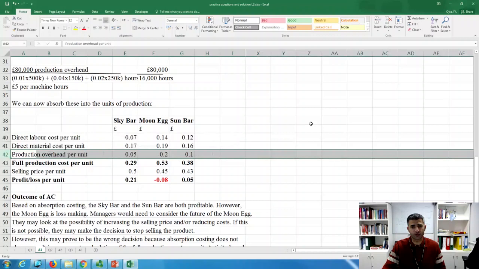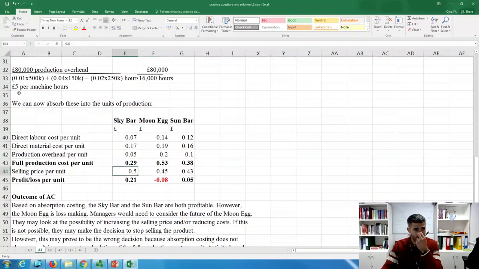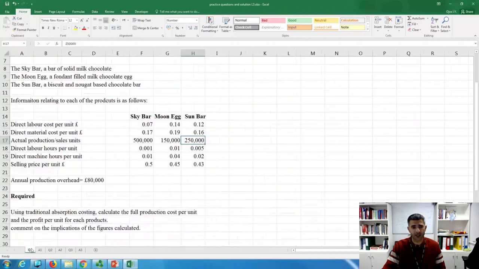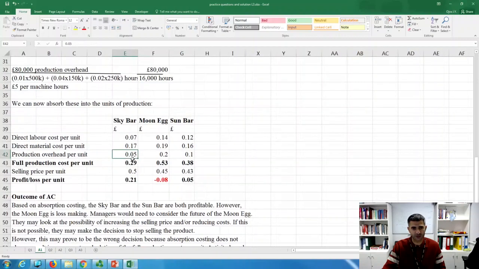How can you calculate the overhead per unit? Very simple, you already did the OAR, £5. You multiply it by the direct machine hour per unit here: £5 times 0.01 equals 0.05. Same with the moon and same with the sun.